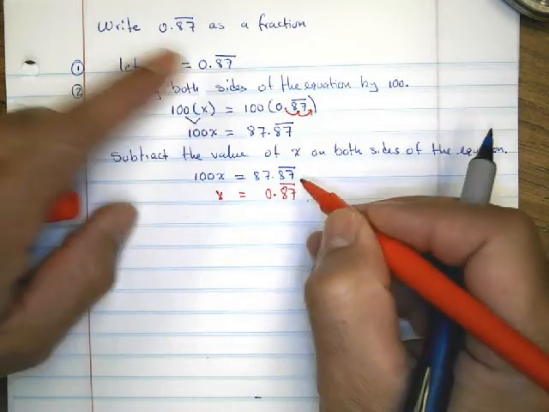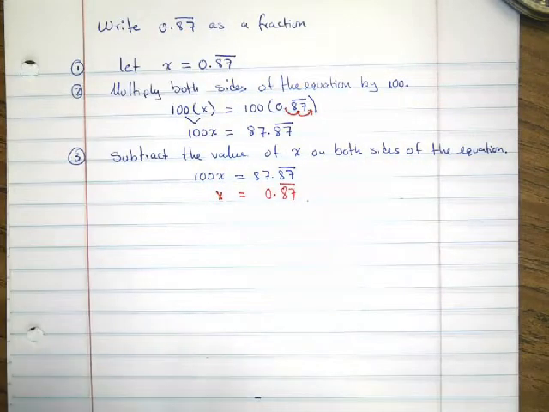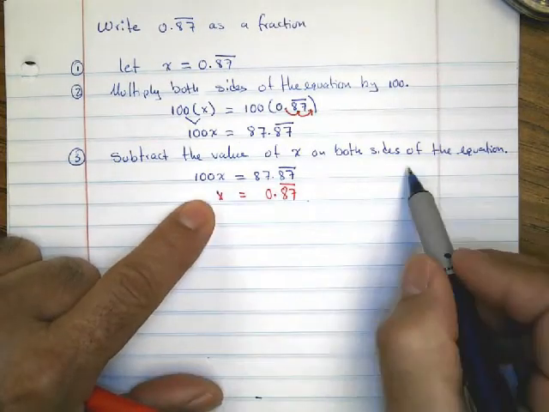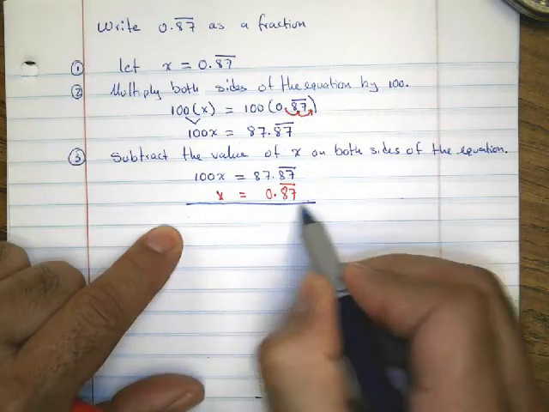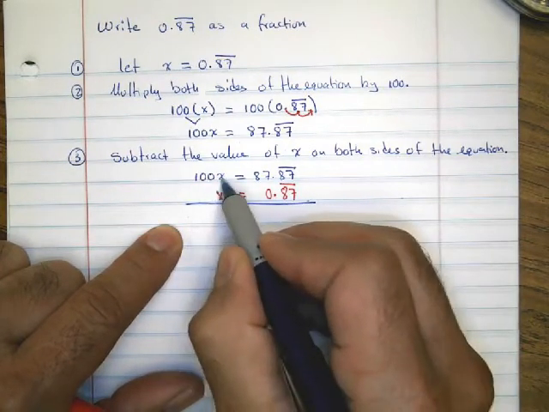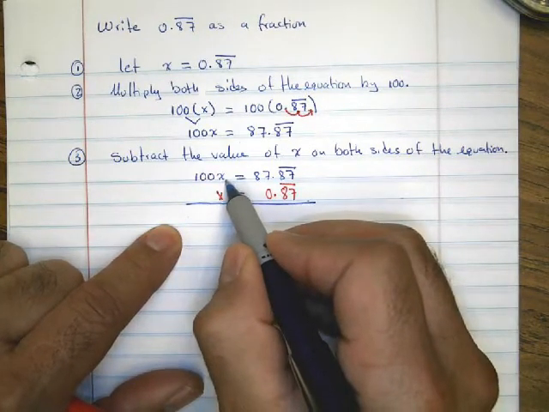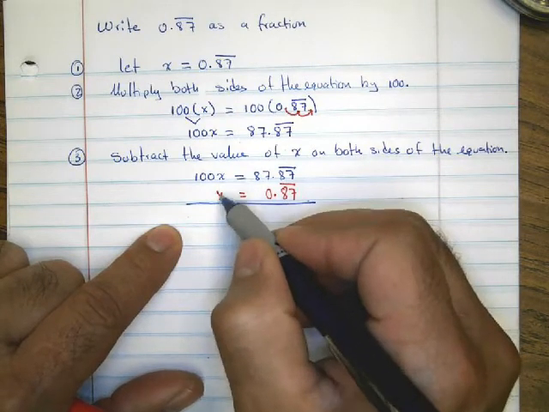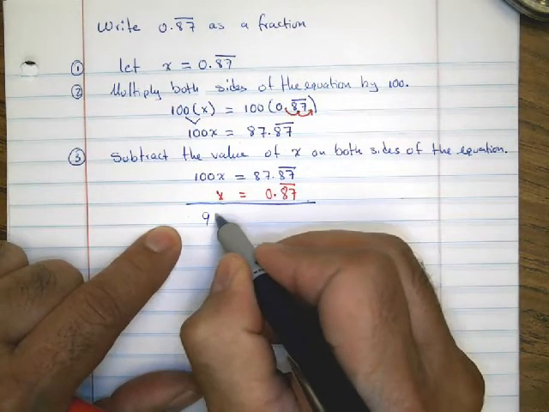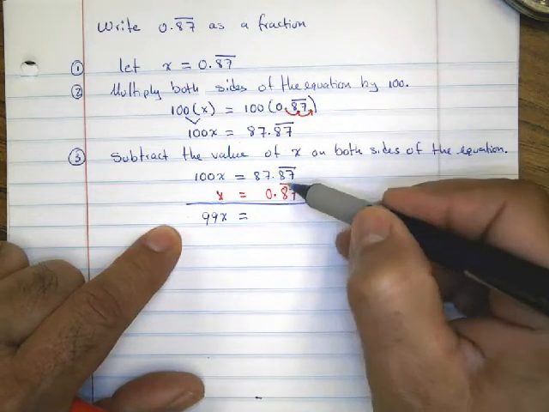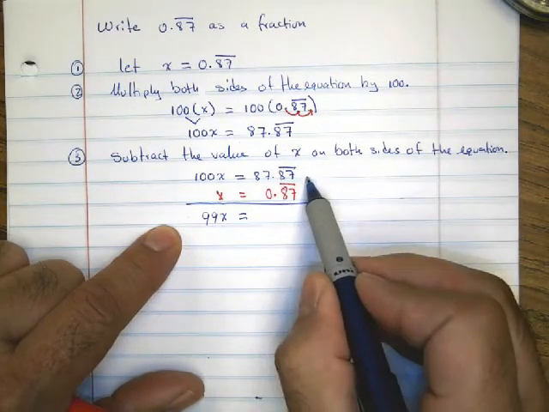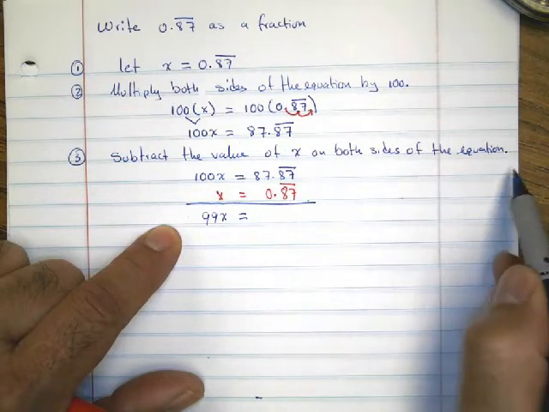And just like I said before, imagine that I have 100 x's. This means 100 times x means 100 x's. And if I take one x away, I'm going to end up with 99 x's. Now imagine that 87, 87, 87 repeats all the way to infinity.